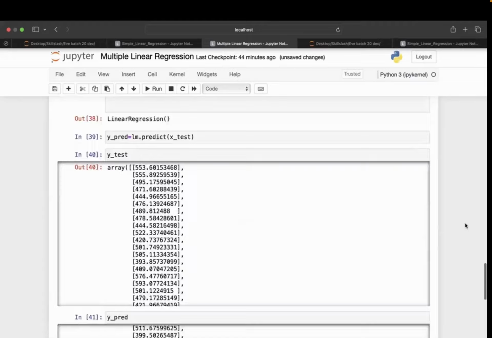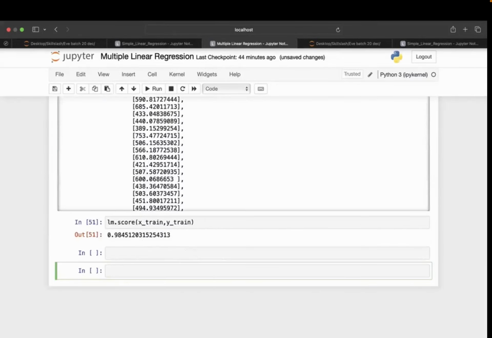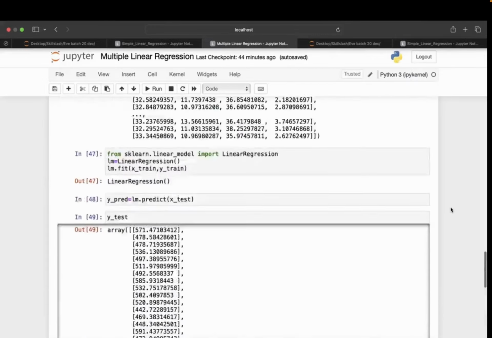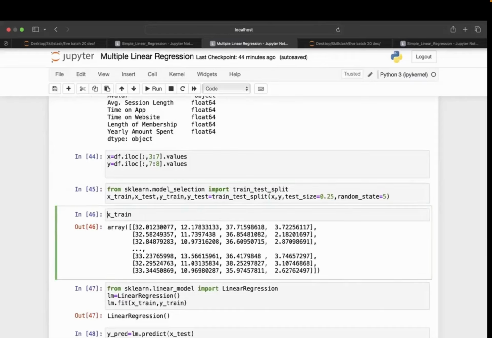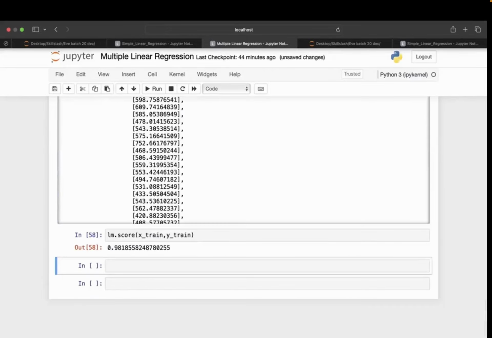Let me change the random state from here, just to cross verify if everything is correct or not. 98.45. Change the random state again. 90.18. It's good. Okay, I'm changing the random state again and again, even shuffling the data set. Previously it was 98.45. It is 90.18 now.